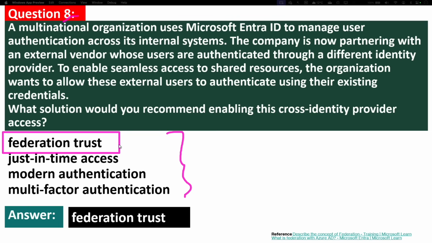This is done using a trust relationship where one system trusts the identity information provided by the other. Some of the key benefits of this is single sign-on, centralized identity management, improved security, and partner collaboration. Some of the common use cases where it is used is for B2B collaboration, hybrid identity, and third-party identity providers.